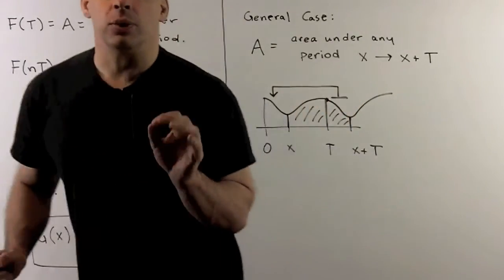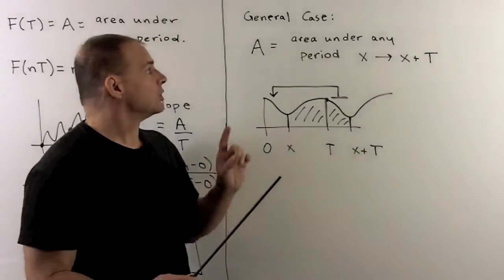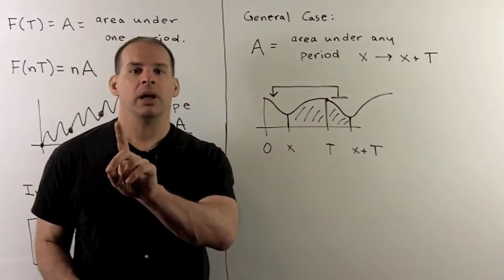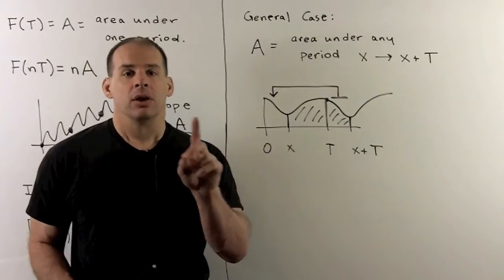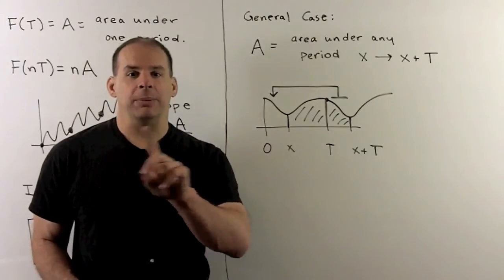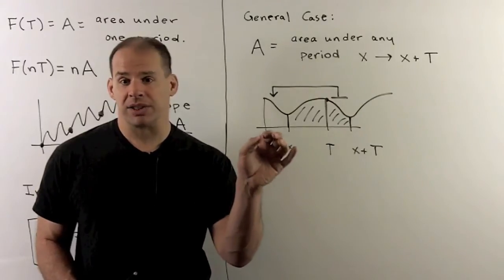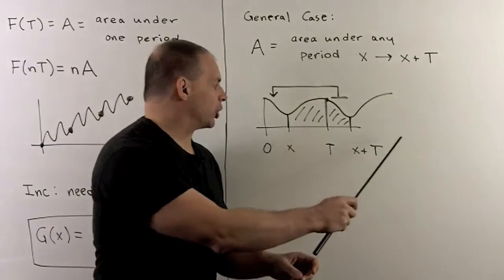Now, before we do the proof, I want to note one fact. In the general case, the area from 0 to t underneath our graph, I could find by taking any period starting at the real point x, going out to x plus t. The easy way to see this is just to draw the picture.